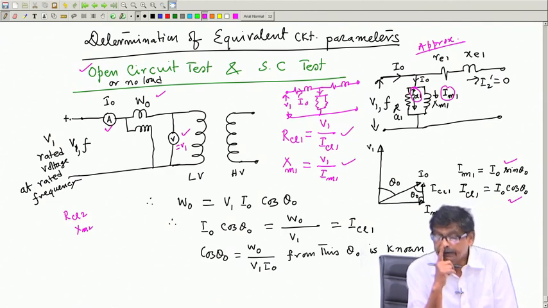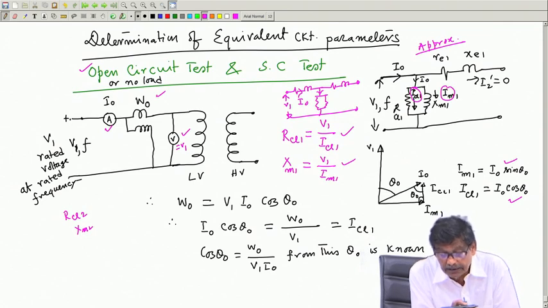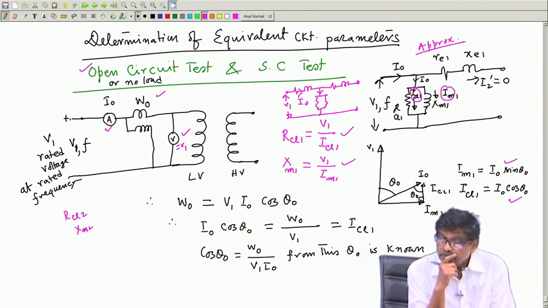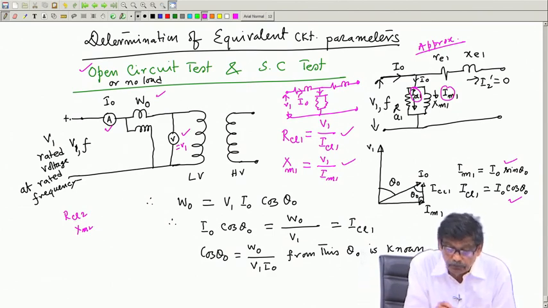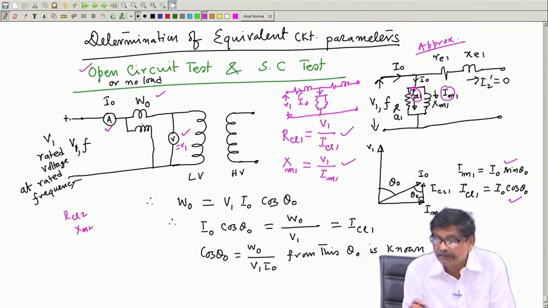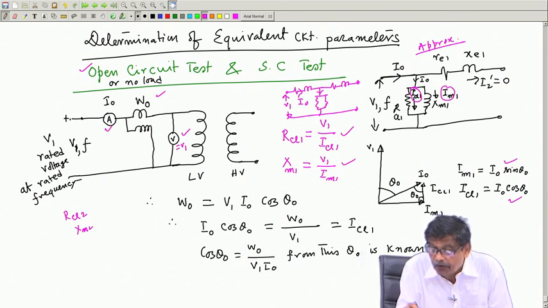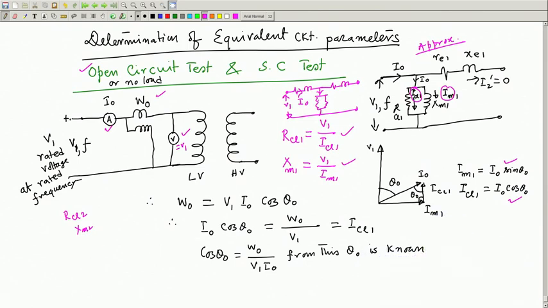But then I will say, look here, this wattmeter reading W naught, okay, you have done some approximation that I have understood, but this wattmeter reading, strictly speaking, will read the copper loss in RCL as well as copper loss in R1. Some of these two will be read, is it not? But how to justify why we neglect this copper loss? It is because of that.